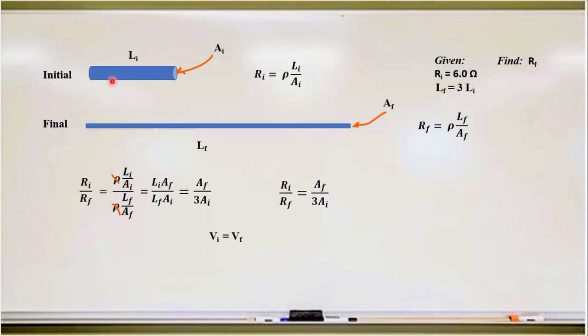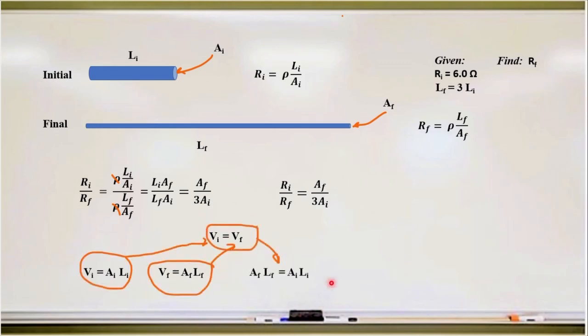We consider the wires as cylinders and find the volumes of these cylinders for the initial case and for the final case. So area times length. Now we plug in these values to the main equation and get the following relation between final and initial wires.